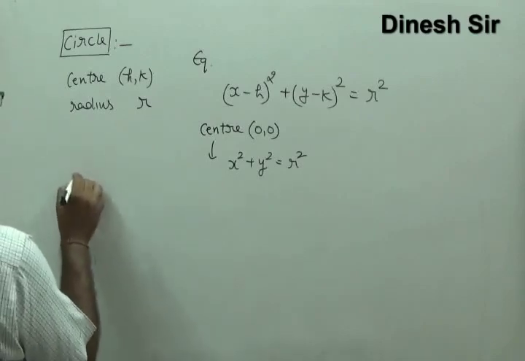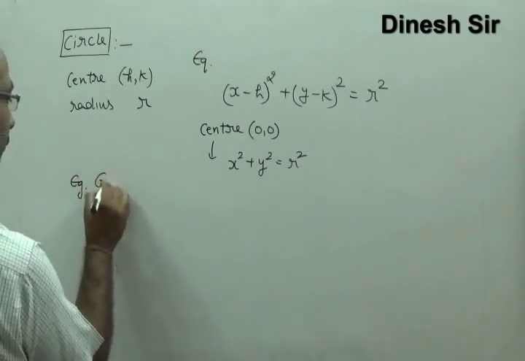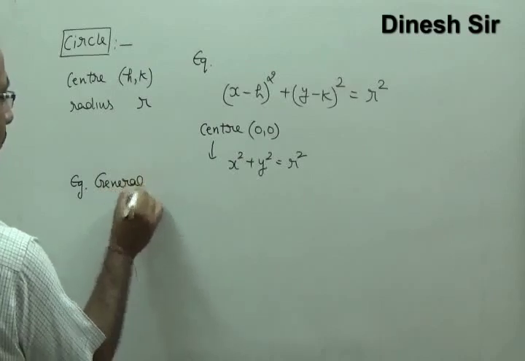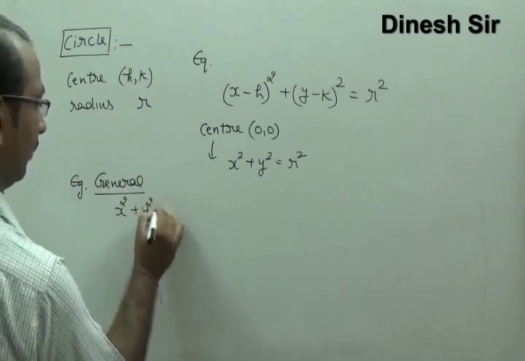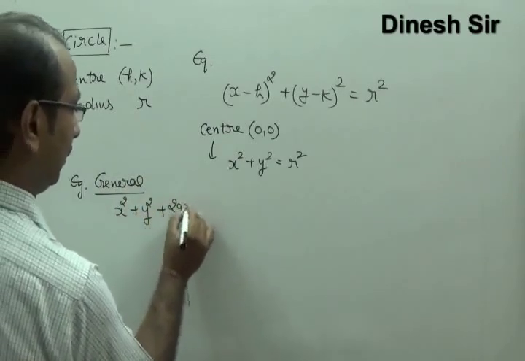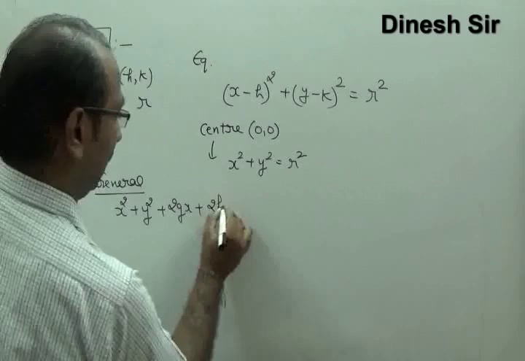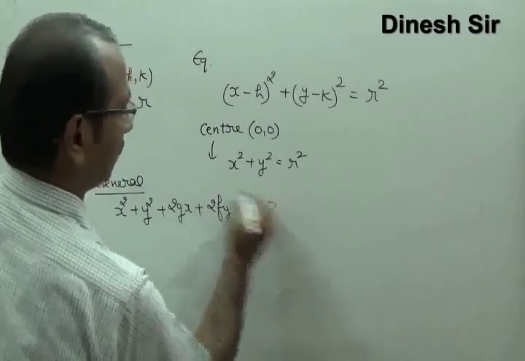Sometimes the equation of the circle is given in general form, that is x square plus y square plus 2gx plus 2fy plus c equal to 0.